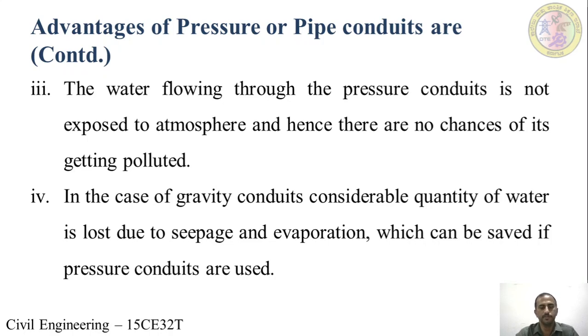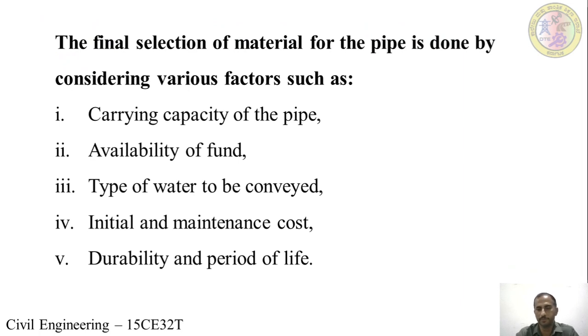Next advantage is that in pressure conduits we can nullify the losses of evaporation and seepage, which readily occur in gravity conduits. As they are open to the atmosphere, evaporation loss is more and seepage loss also exists.